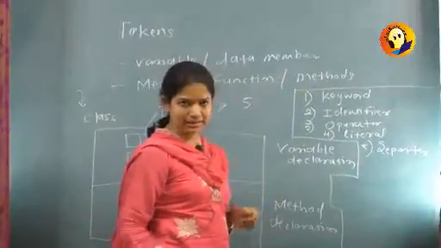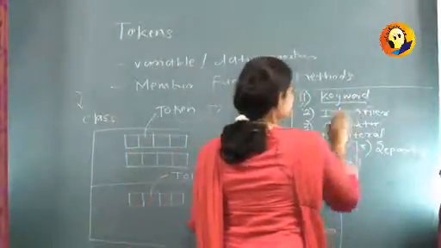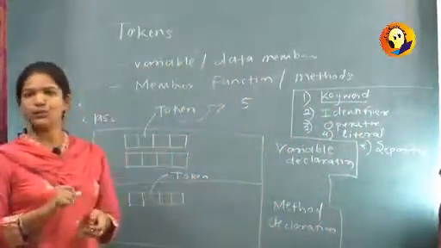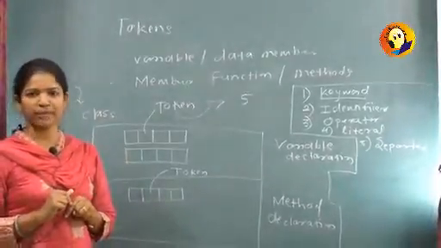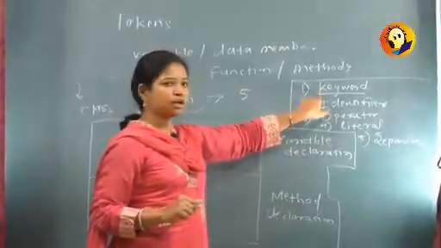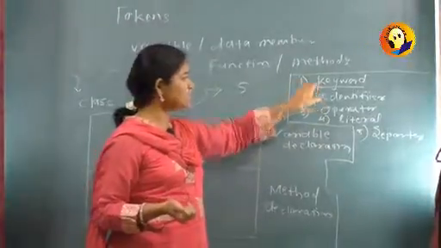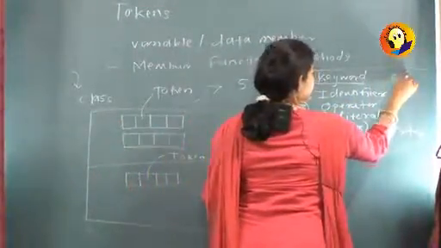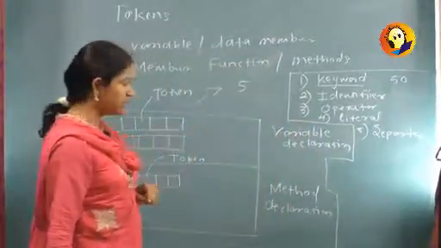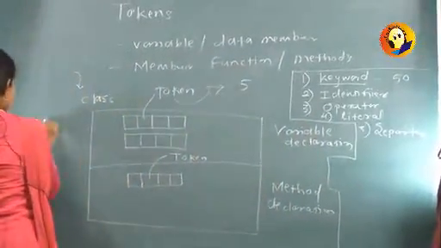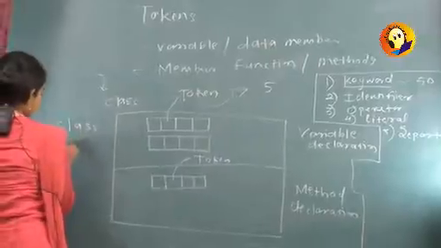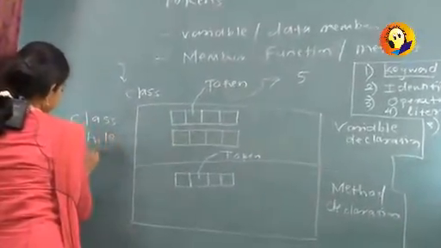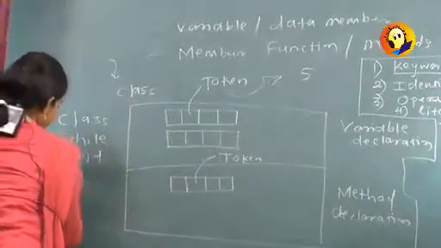First one is keyword. A keyword is nothing but a word whose meaning is already known to the compiler. So keywords are predefined words, or reserved words. There are a total of 50 keywords available in Java programming. For example, class is one keyword, while is another keyword, void is another keyword.